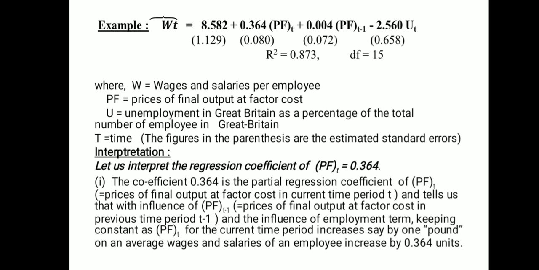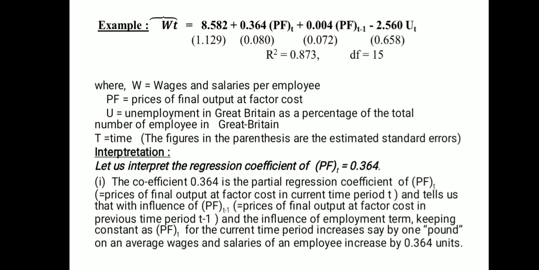The wages depend upon two other variables, PFt and PFt minus 1. Total three variables are there. PF equal to prices of final output at factor cost.